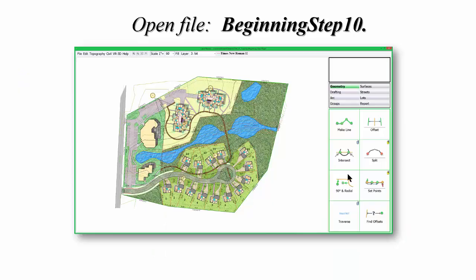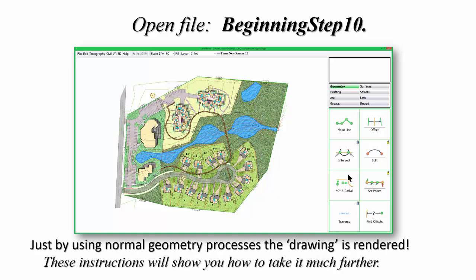So what I want you to do is open up beginning step 10, and your screen will look like this. We started out putting in a few lots, and now you'll see we've got the buildings, we've got commercial area. So we kind of finished up the drawing itself, just the geometry, and the rendering is a byproduct.